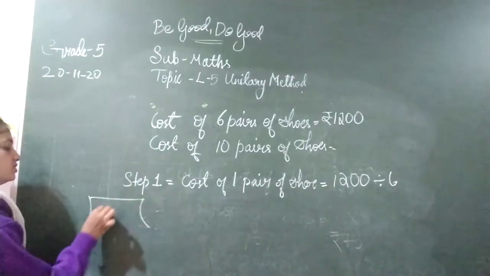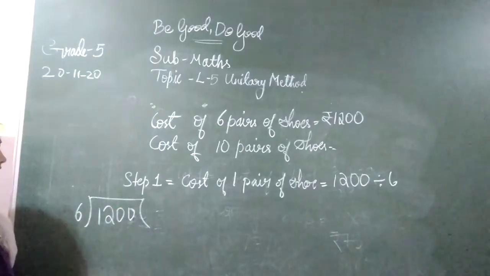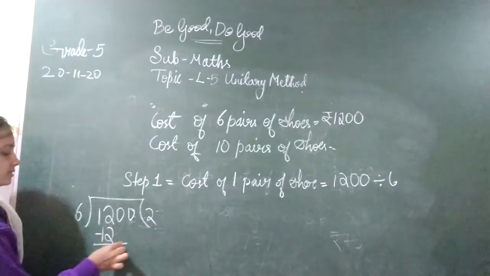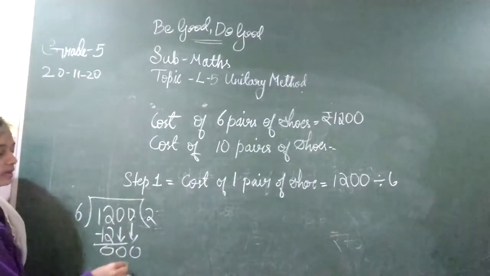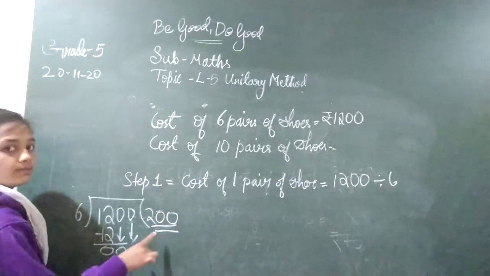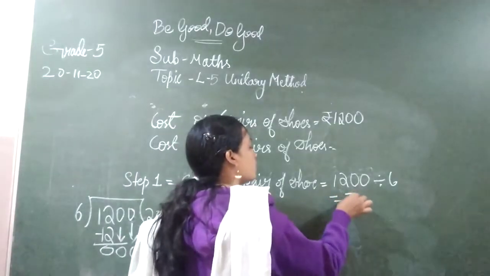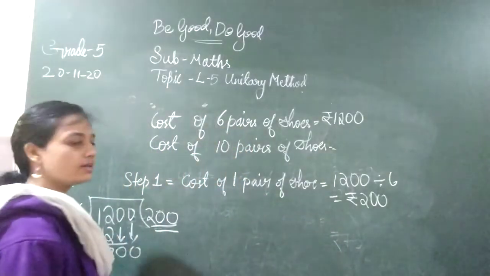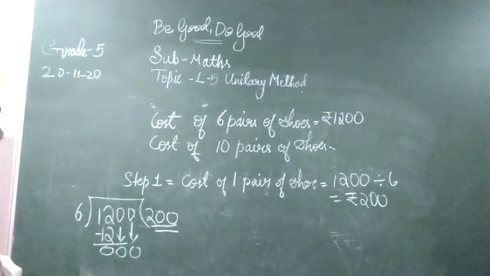If you do the division, 6 2s are 12. And these zeros, instead of writing them one by one, I directly write them in the answer. So my quotient would be 200 rupees. So the cost of one pair of shoes is 200 rupees. Now find the cost of 10 pairs. That is my step 2.